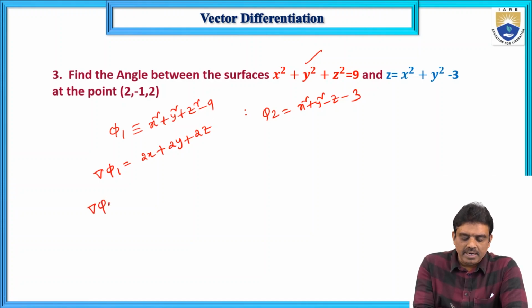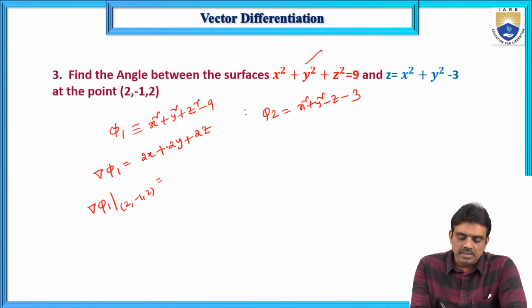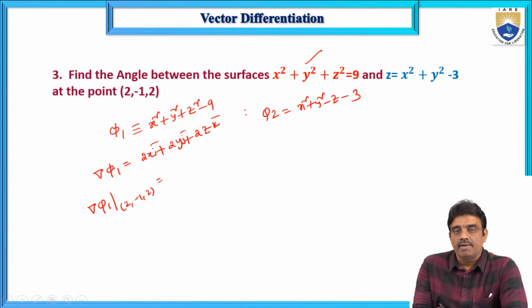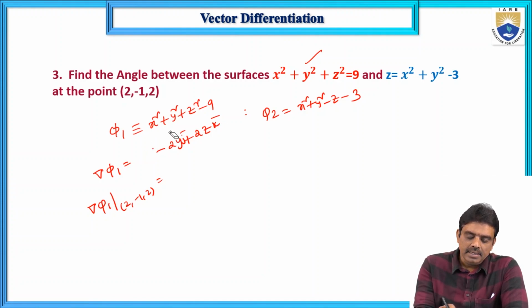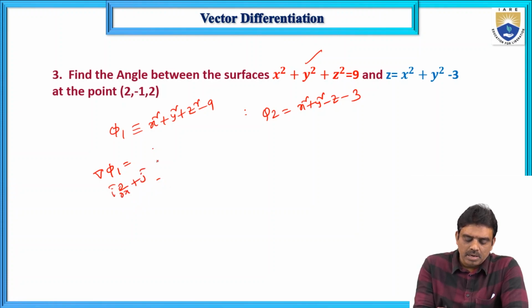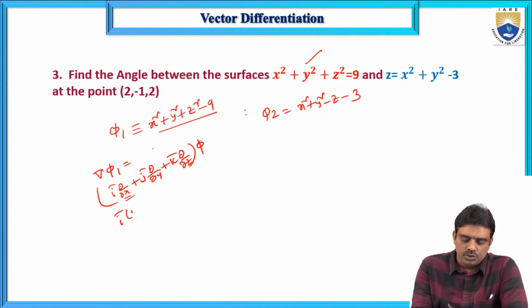Grad phi 1 at the point (2, -1, 2) is a vector. Grad phi 1 means i bar dou by dou x plus j bar dou by dou y plus k bar dou by dou z of the function phi. That is i bar into dou by dou x of the whole thing, which is 2x.